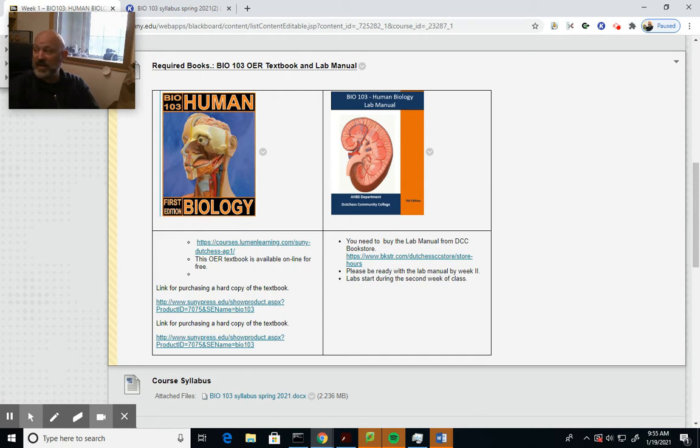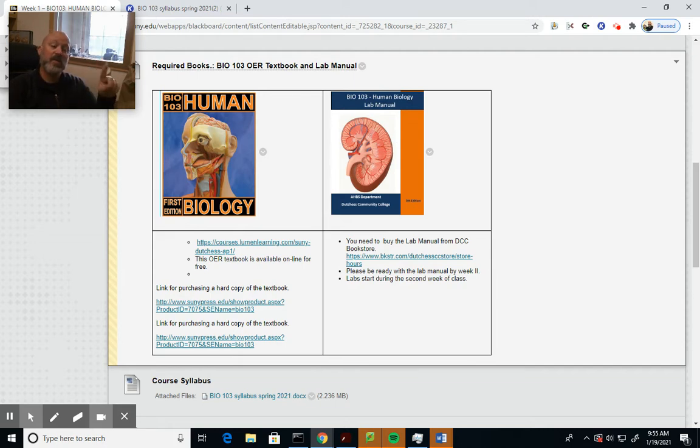So you have to have this. When you get this, you have to write inside of it with a pen. I'm going to be doing video labs with you, and as we do them together, you're going to be writing the information into your lab manuals with a pen. You're not doing anything on the computer with the lab manuals.